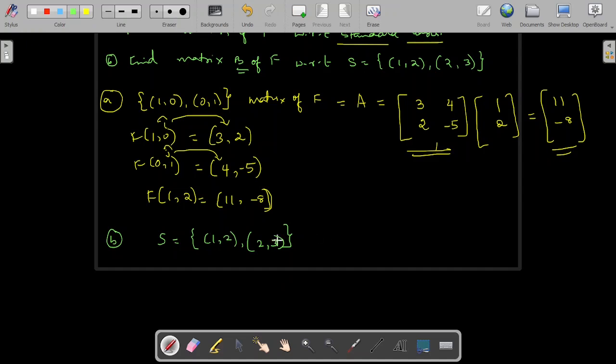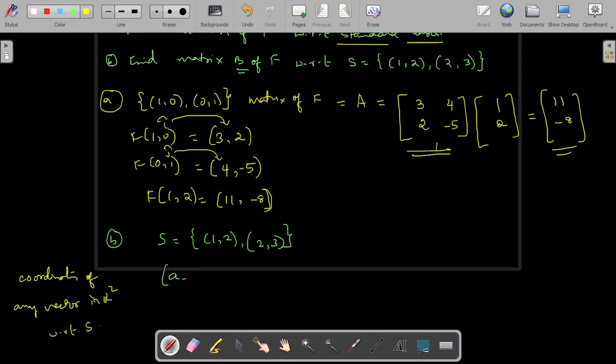But (1, 2) and (2, 3) give you a new coordinate system where every vector is a linear combination of these two vectors, scaling and adding these two vectors. Therefore, you have to find out coordinates of any vector. So first you have to get coordinates of any vector in R² with respect to the basis.